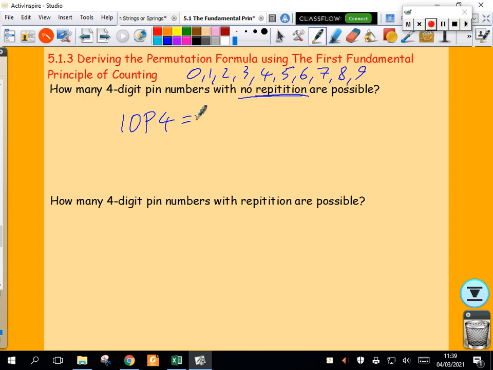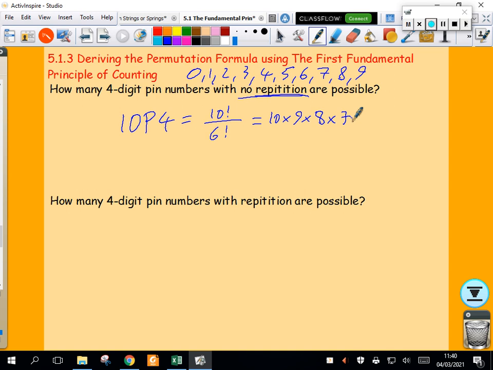10 permute 4, well, my formula is that's 10 factorial divided by 6 factorial. Where 6 is the difference between 10 and 4. There are going to be 4 terms in here. The biggest one is going to be 10. So it's going to be 10 by 9 by 8 by 7. Okay?